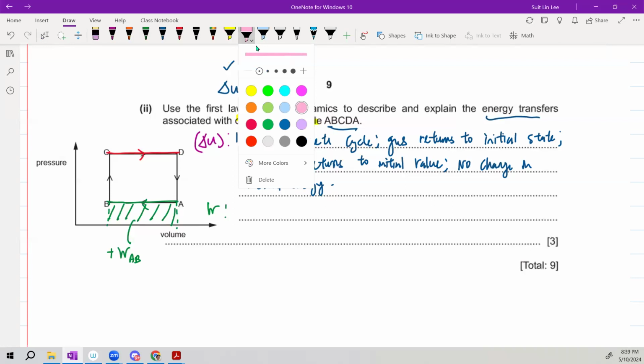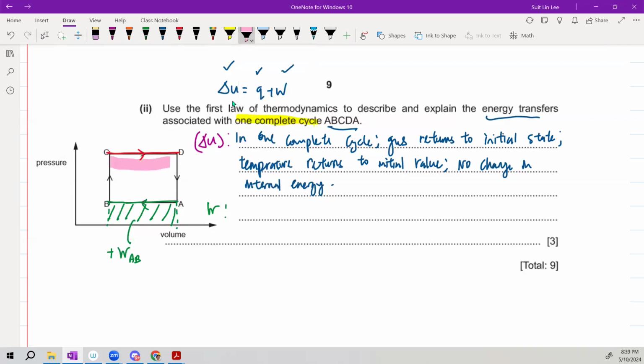When you go from C to D, your work done is this entire area, or this whole thing. And it's negative, right? Because the gas is expanding. So this is your WCD. And it's negative because the volume increases.